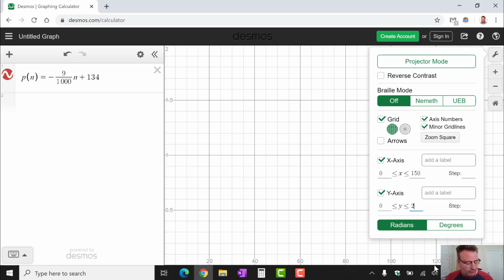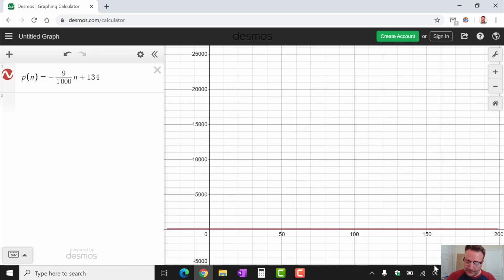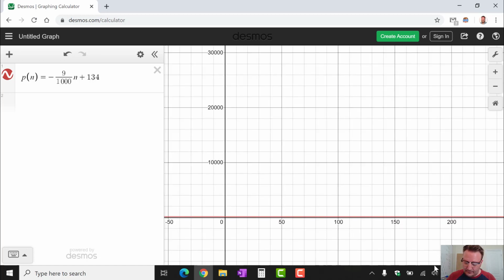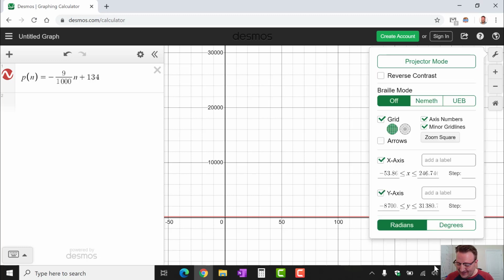Let's try 20,000. Oh, I mixed that up, didn't I? Yeah. Our x values are in the 0 to 10,000 range, and our y values are in the 0 to 134 range. So let's fix that.